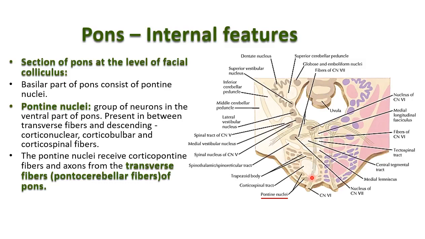Apart from the corticospinal fibers, there are also corticobulbar fibers. Whenever it is bulbar, you should recollect it is the corticonuclear fibers. Mainly they distribute to the cranial nerve nuclei present at the lower levels, the medulla, and other cranial nerve nuclei.